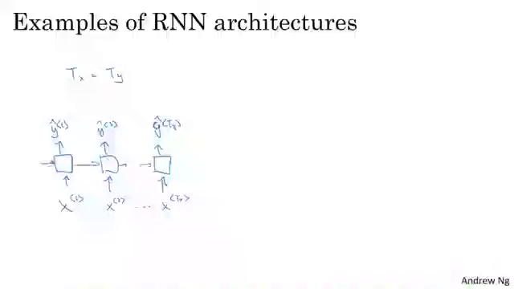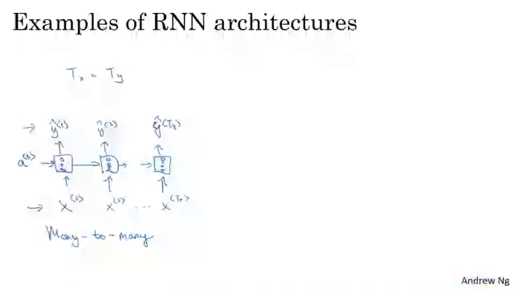And in earlier diagrams, I was drawing a bunch of circles here to denote neurons, but I'm just going to omit those little circles for most of this video, just to make the notation simpler. So this is what you might call a many-to-many architecture, because the input sequence has many inputs as a sequence, and the output sequence also has many outputs.